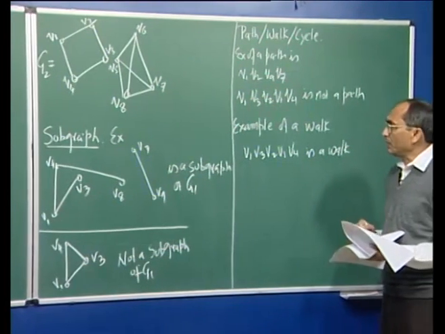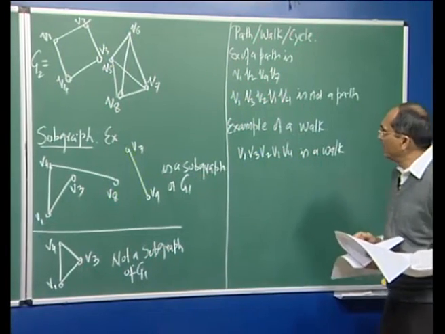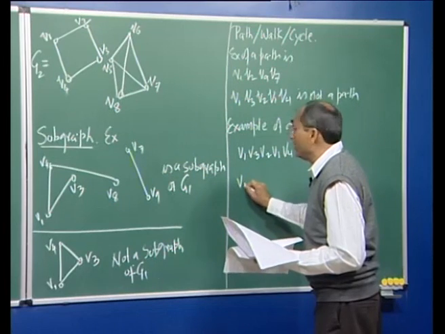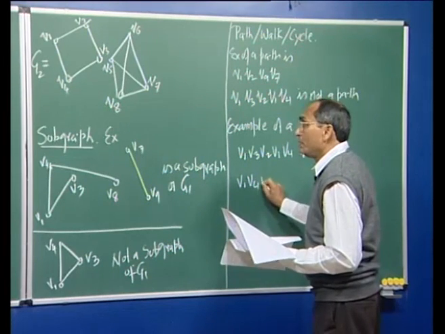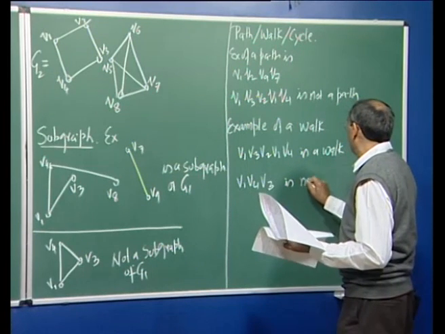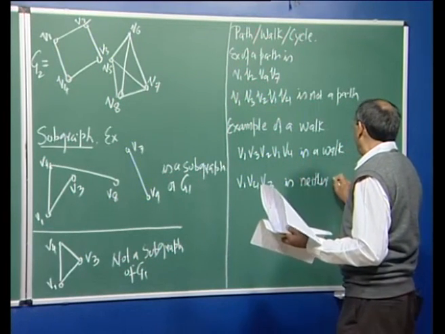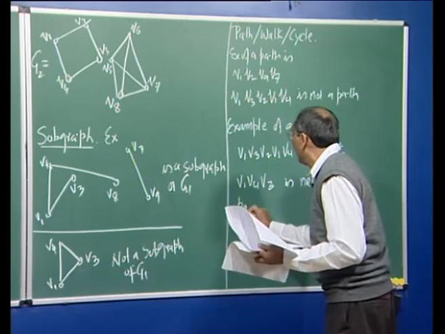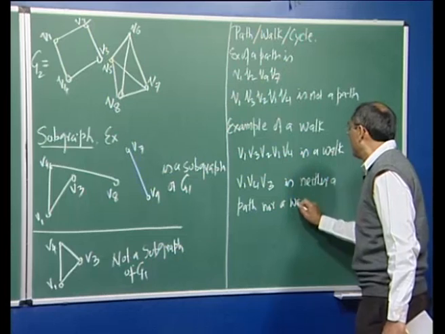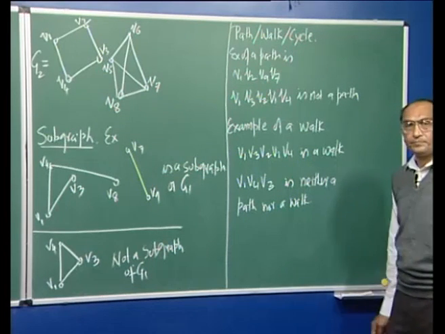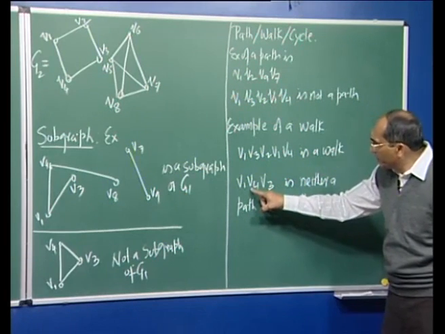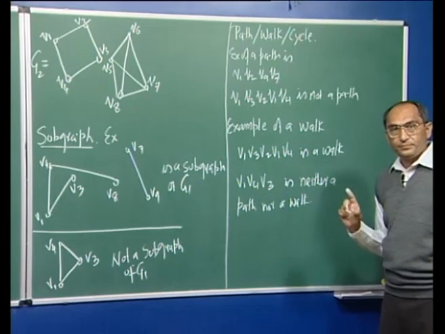This is a walk. But V1, V4, V3 is neither a path nor a walk. And that is because there is no edge between V4 and V3.